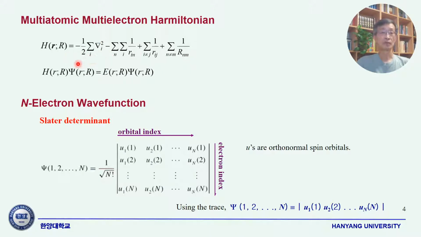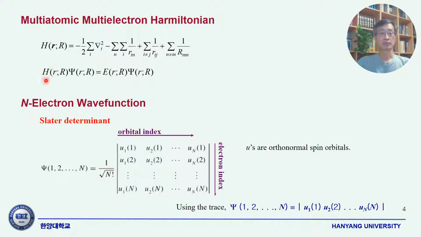For each electron we have a kinetic energy, and for each electron and each nucleus we have an electron-nucleus attraction energy, and we don't count just pairwise, and then the electron repulsion and nuclear repulsion.